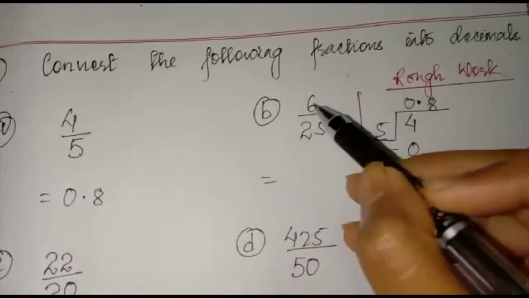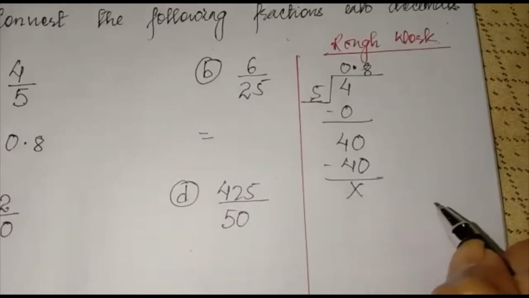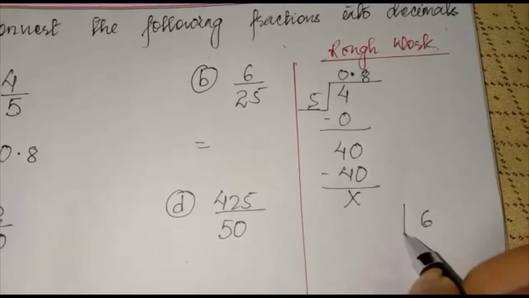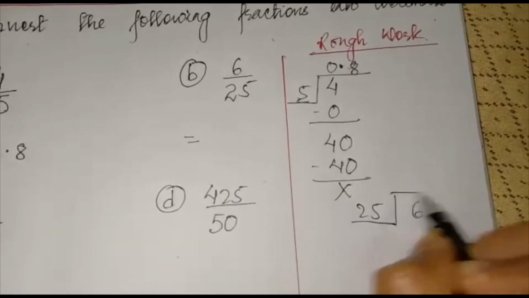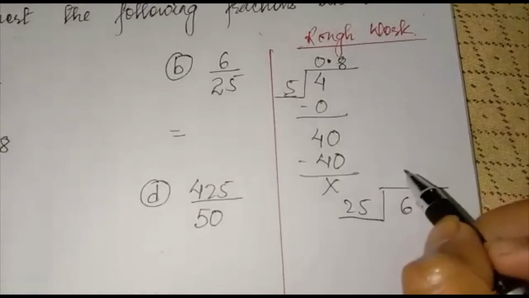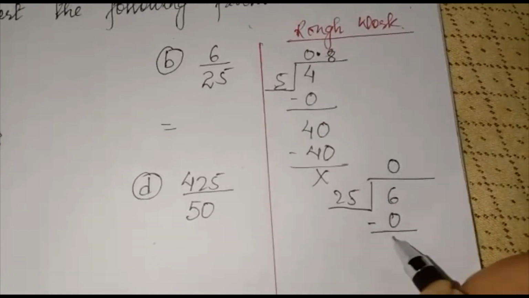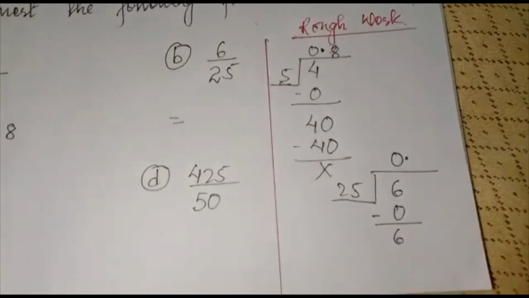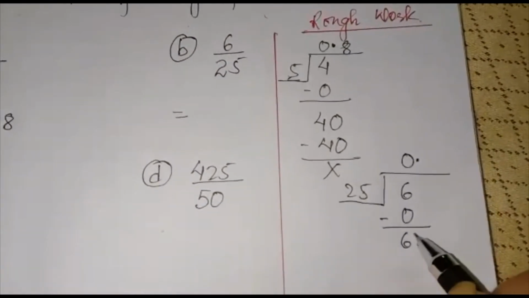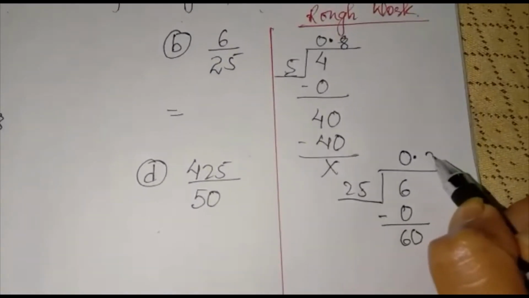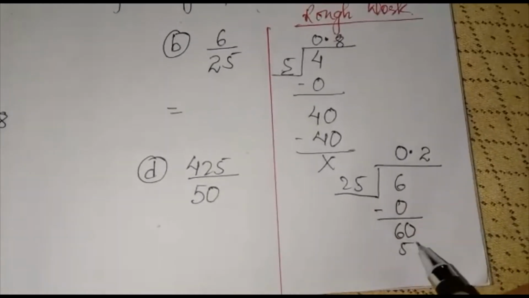Here is 6 divided by 25. So we will divide 6 by 25. So this is a smaller number. So you have to write here 0. 25 zeros are 0. Then 6, give your decimal. Now after giving the decimal you can add a 0. So 25 2s are 50.